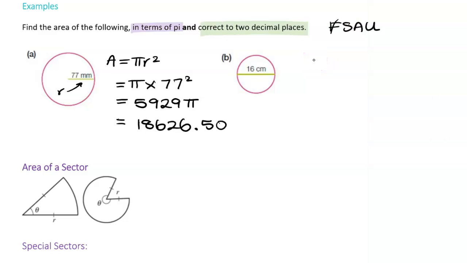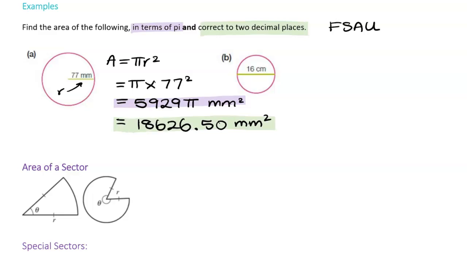We've done our formula, substitute, and answer, but we haven't put units in. Given that the radius was in millimeters and we're doing an area now, it's going to be millimeters squared. Awesome. So let's also put millimeters squared here because that technically was the answer in terms of pi. And then this was the answer to 2 decimal places.